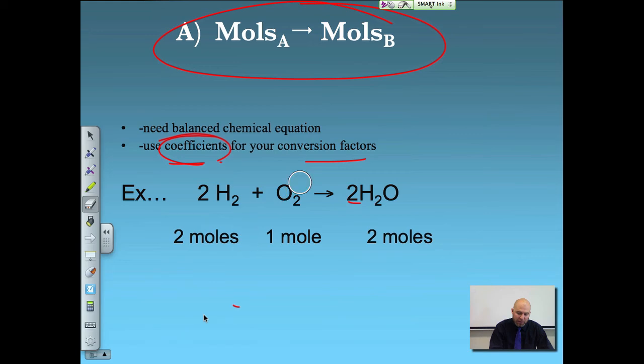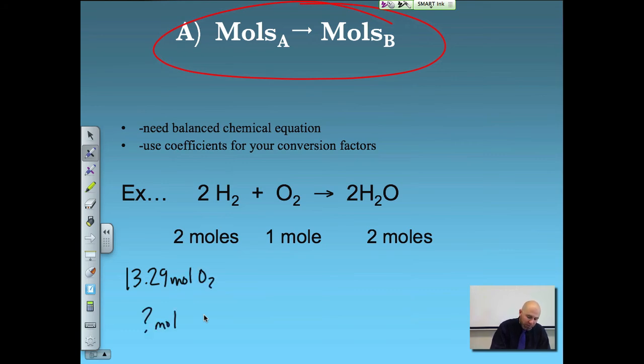A mole to mole conversion is simply if I have 13.29 moles of O2, and I want to know how many moles of H2O would be produced with that. So I'm giving you a certain amount of moles of O2, and I want to know how many moles of H2O that would produce.